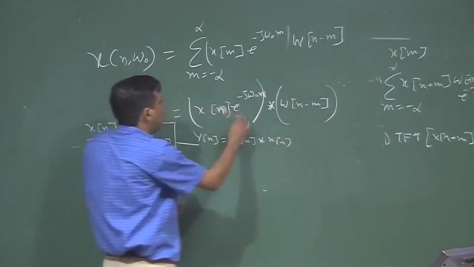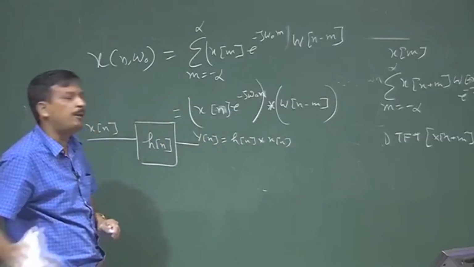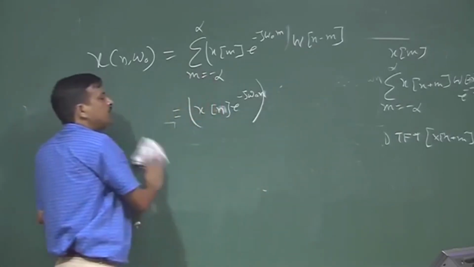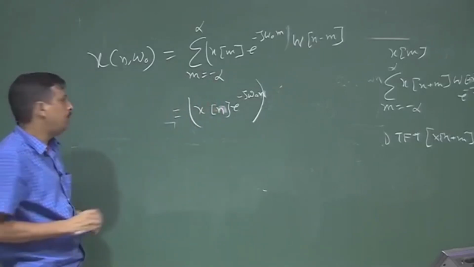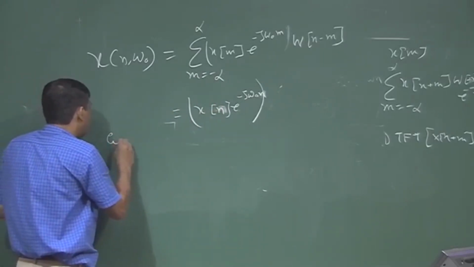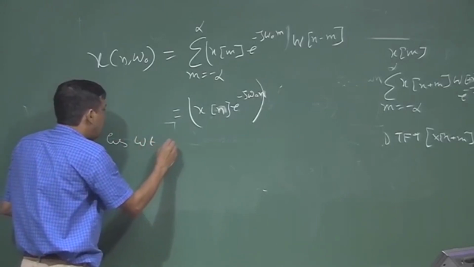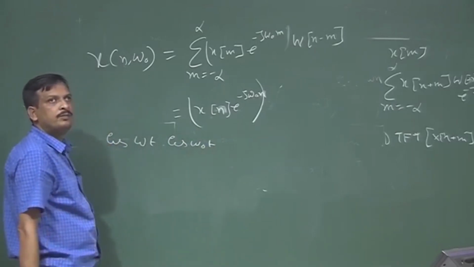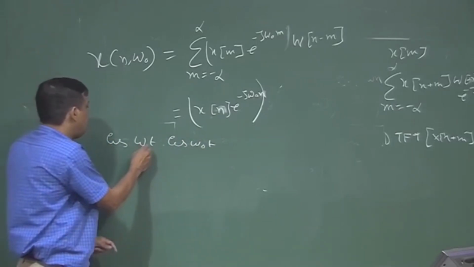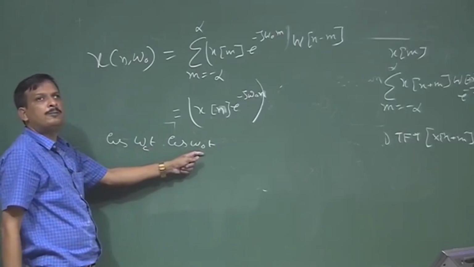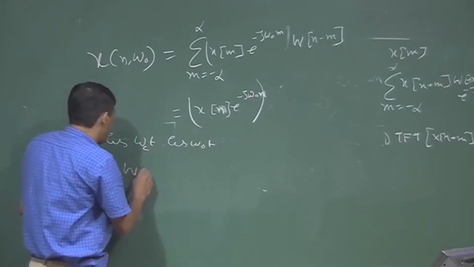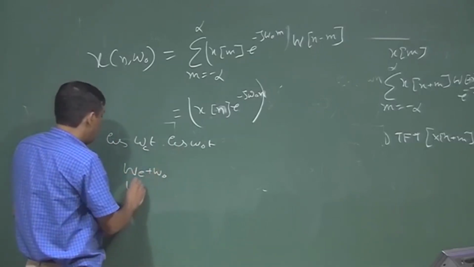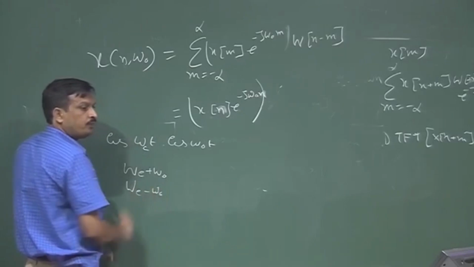So, what is this term? This is nothing but what is called frequency shifting or modulation. If I multiply, let us say, cos omega t, a carrier signal, by another cos signal, cos omega 0 t, the baseband signal, the output is cos of omega c plus omega 0 and cos of omega c minus omega 0.